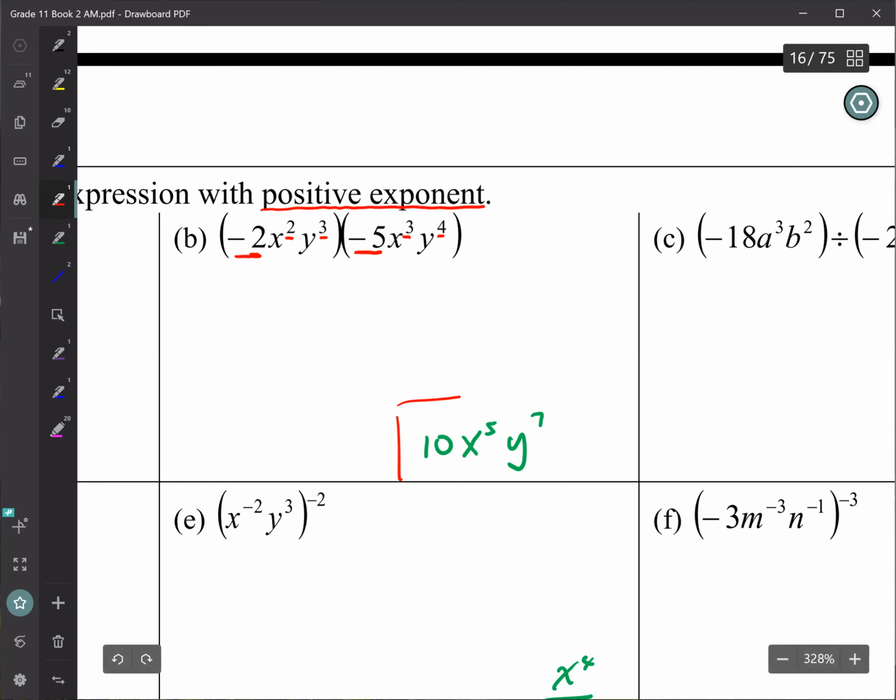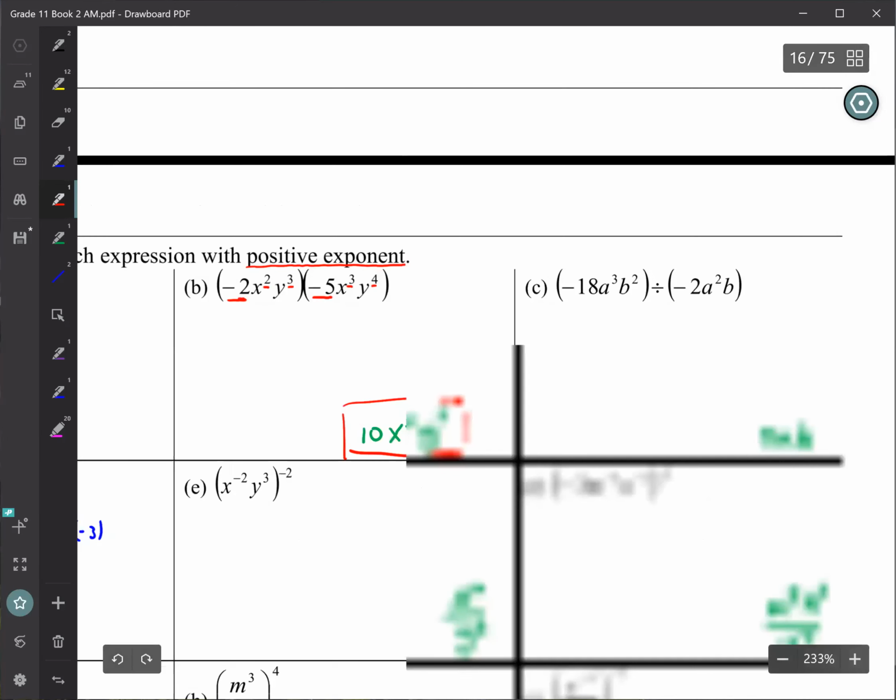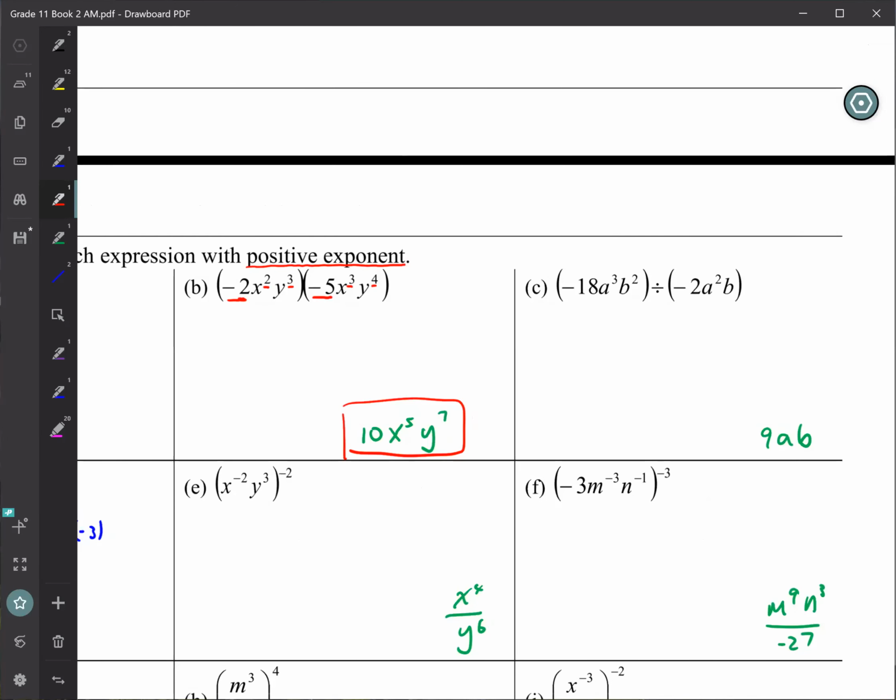Yep, that's correct. Very good. Question C is dividing. So -18 divided by -2 gives you 9. And then dividing, you need to subtract exponents. So 3 minus 2 gives you 1. 2 minus the invisible 1 gives you 1. So 9ab. Very good.